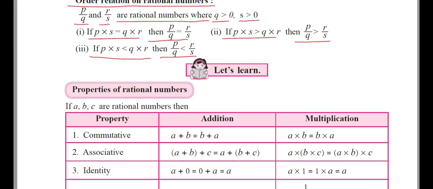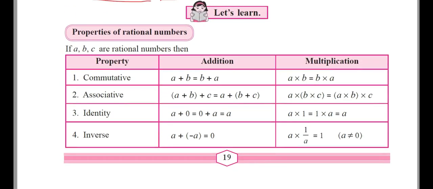Now let us see some basic properties. Commutative property of addition and multiplication. For addition, A plus B is equal to B plus A. For multiplication, A into B is equal to B into A. Associative property: (A plus B) plus C is equal to A plus (B plus C), and (A into B) into C is equal to A into (B into C).